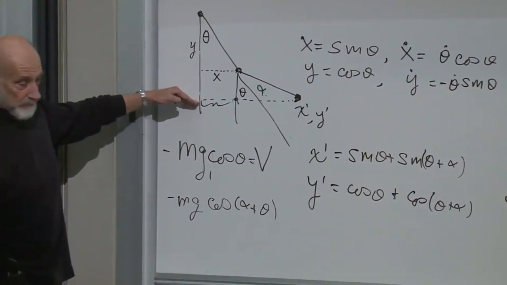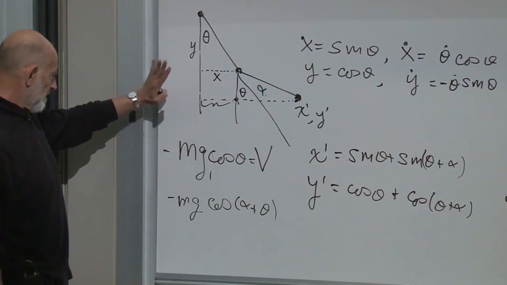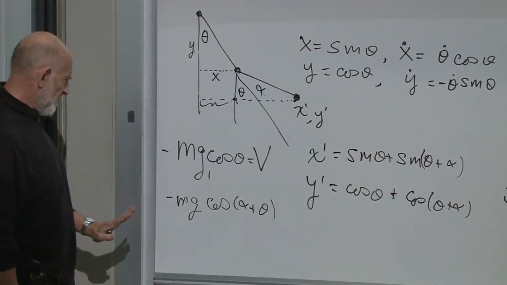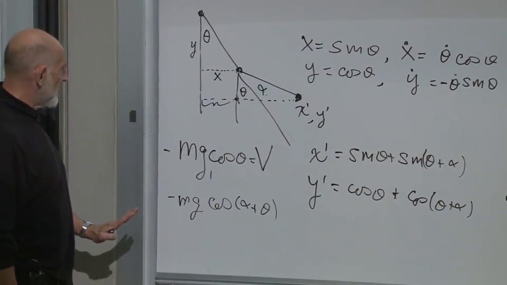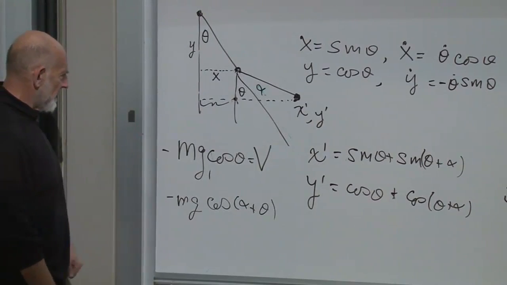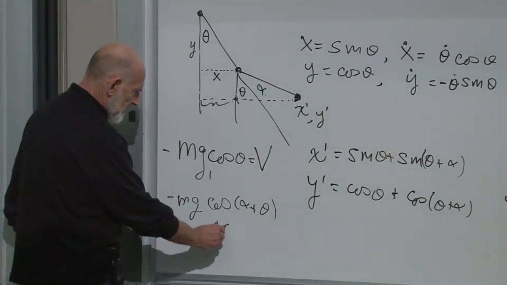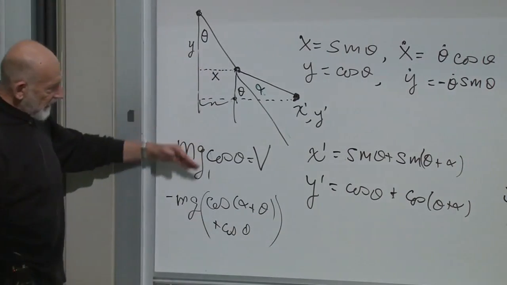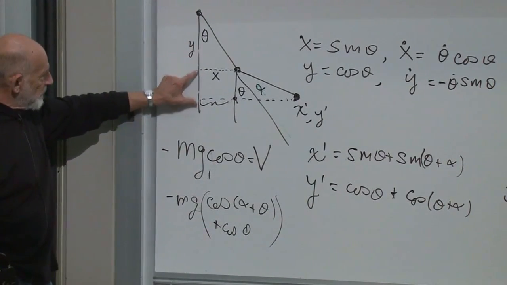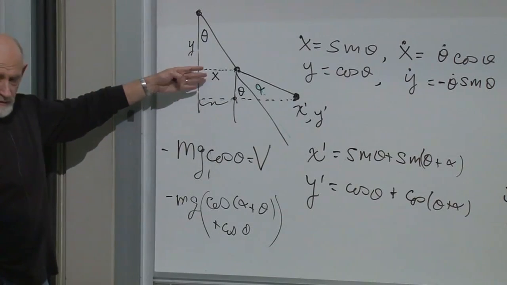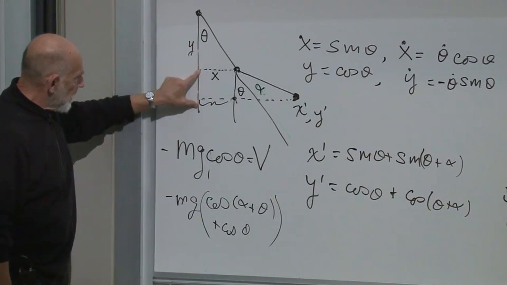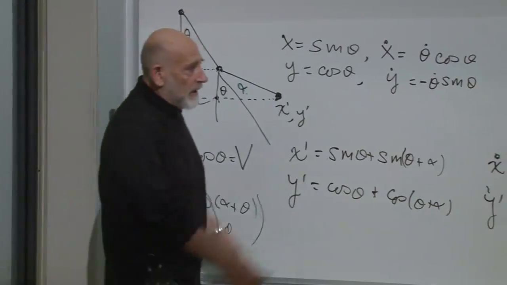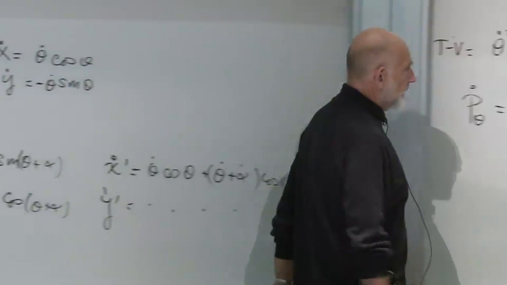Just the height of this one. No, it's cosine theta plus cosine alpha plus theta, right? You're right. Whatever it is, it's the height, which is the sum of these two. You're right, it's the sum of two cosines, and you write it out. And there's some potential energy here that you can write down.